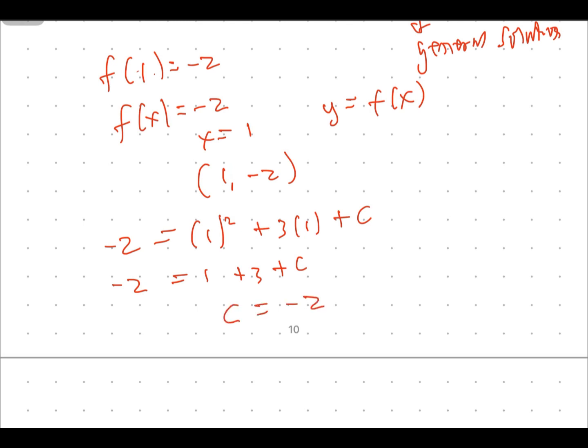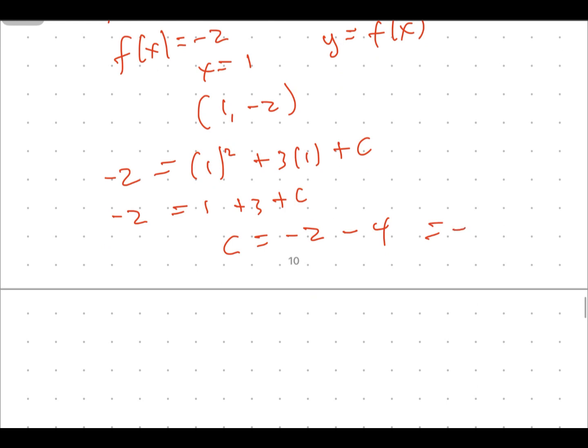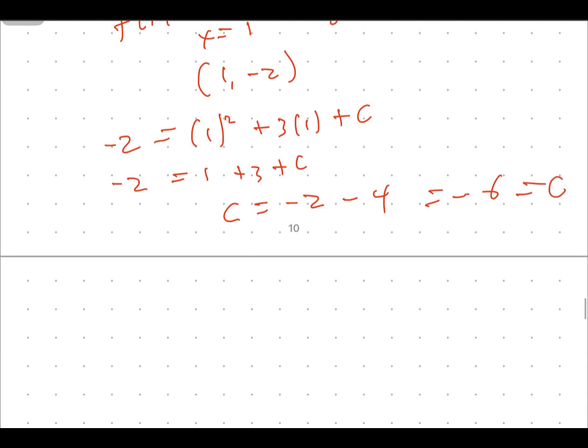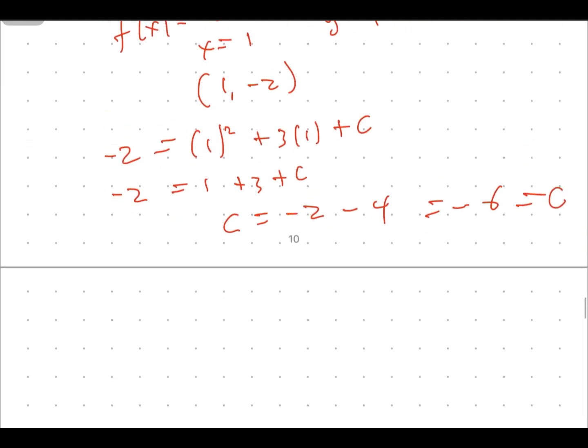And therefore, c equals negative 2 minus 4. Negative 2 minus 4 is equal to negative 6. So that means our c is equal to negative 6.